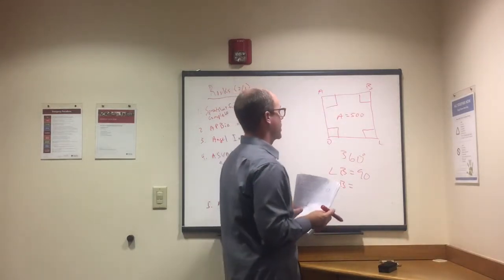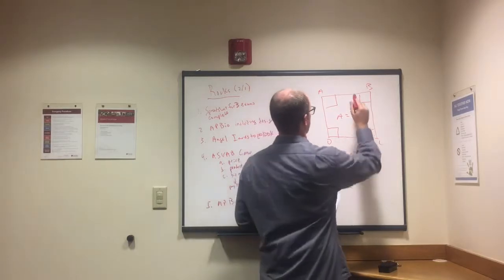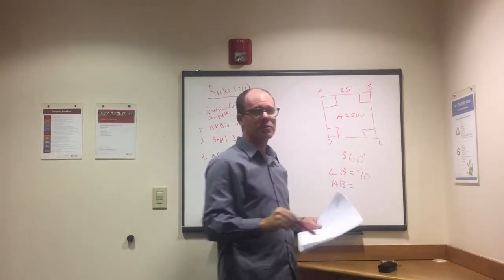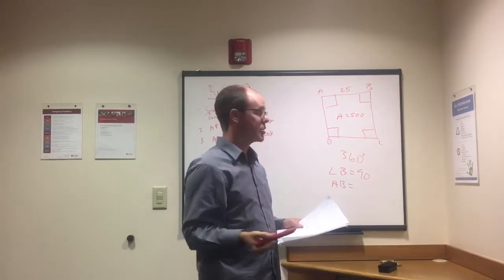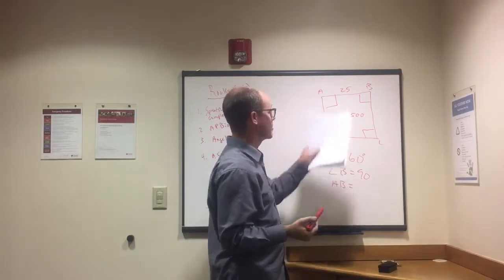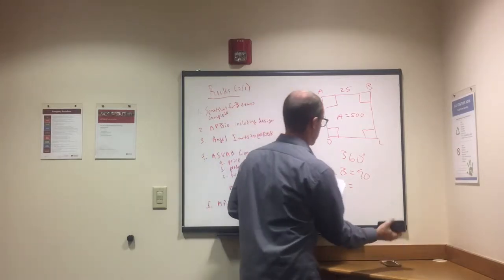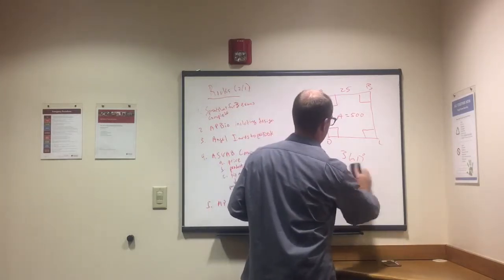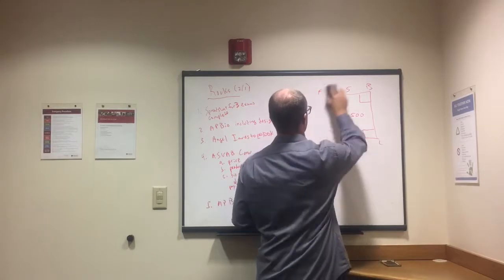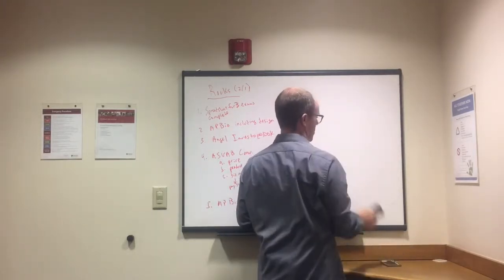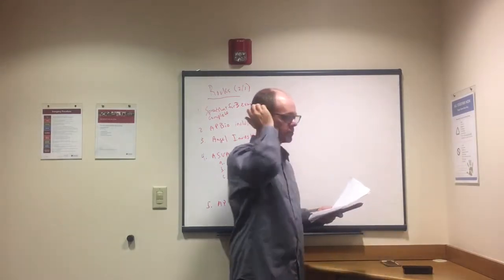If we do that math, we'll come up with 25. Sometimes it might be easier just to plug in the answer choices on something like that, but 25 times 25 is 500. All right, so there's square for you. Square means 4 right angles, 4 equal sides.